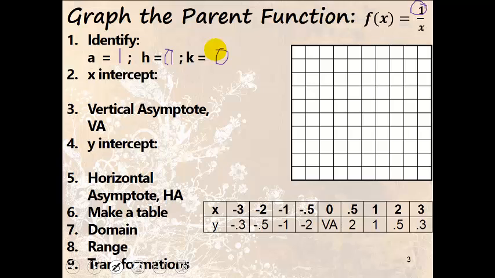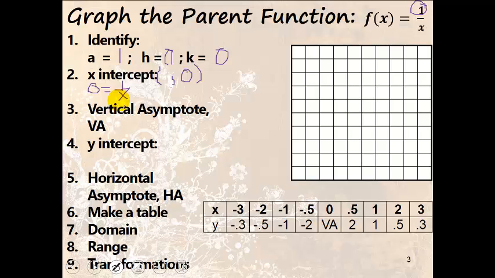The x-intercept is an important point. In order to find that, we have to plug in 0 for y and solve. So watch what happens here though. 0 equals 1 over x. So just intuitively, do you think that's ever going to be 0? No, and here's why.